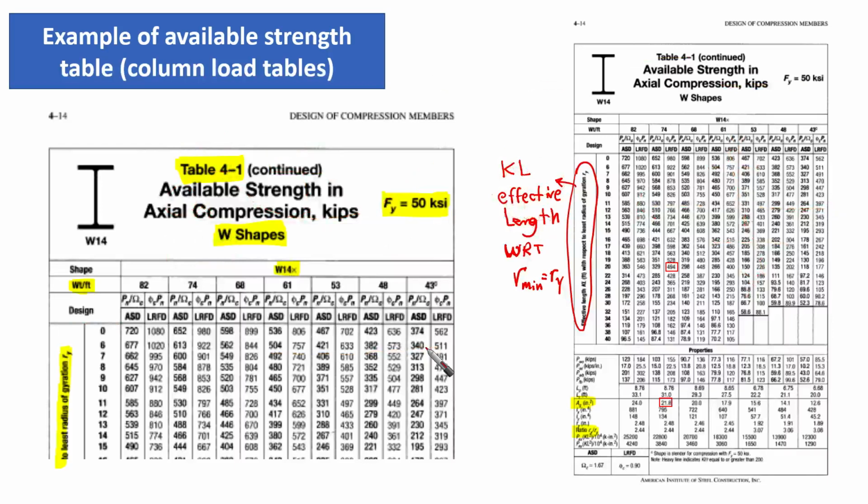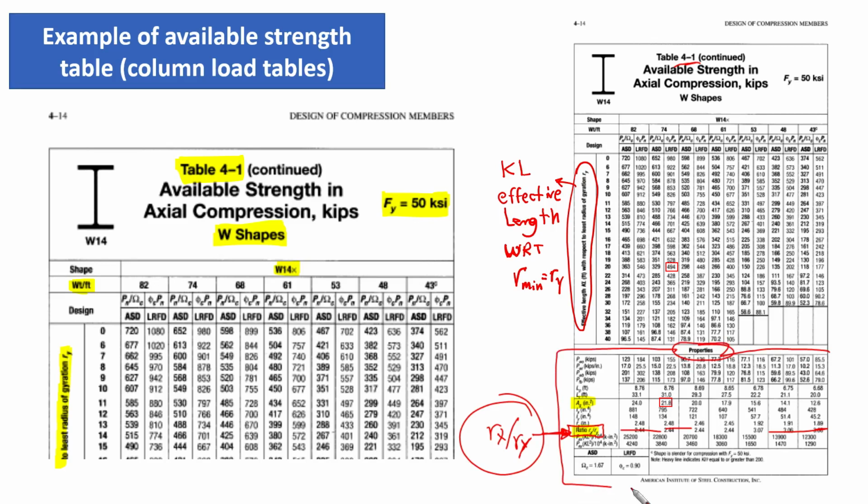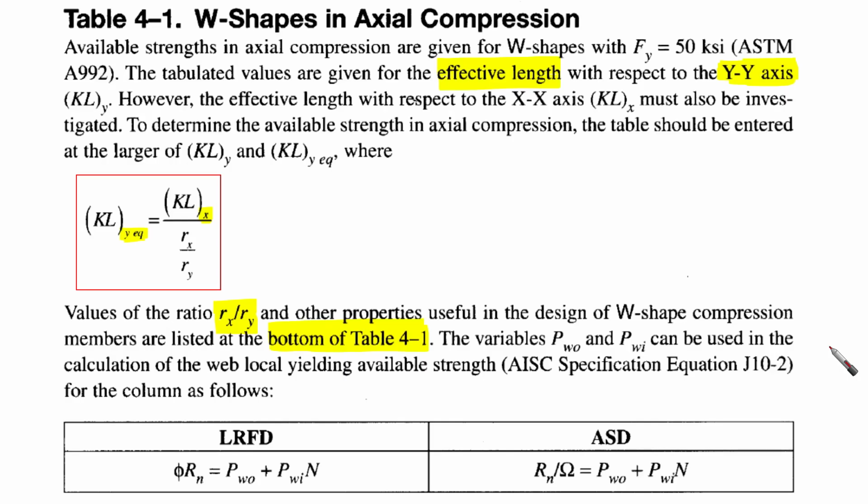Let's go here. This is the part that I already mentioned, and this is Rx over Ry, and you can read it from here. These tables are important because they provide properties you need while solving the problem or the example itself.